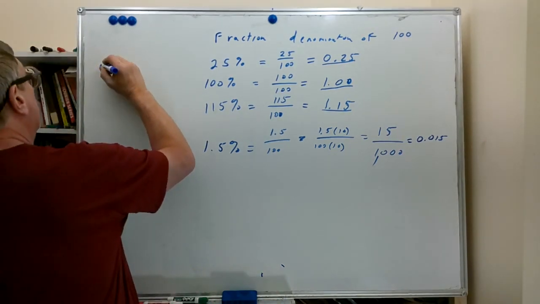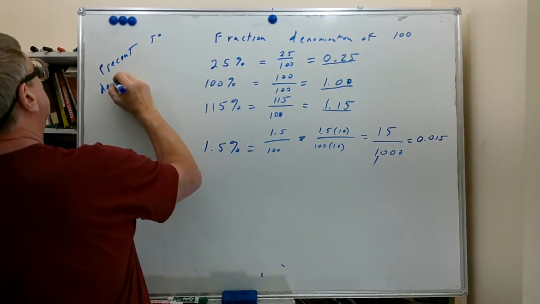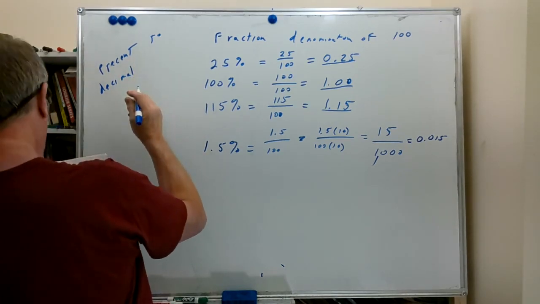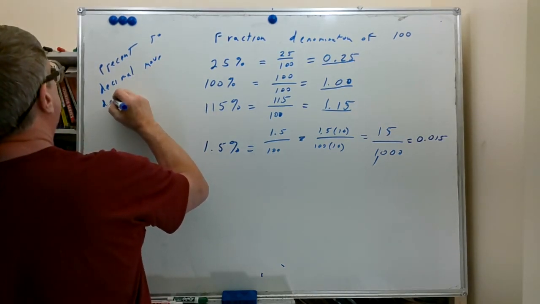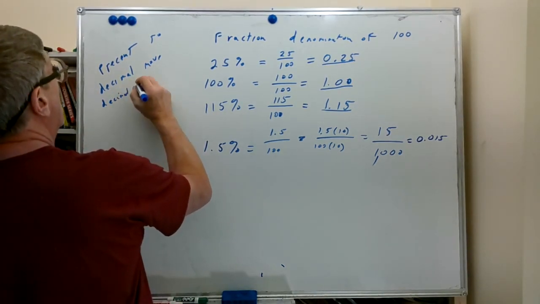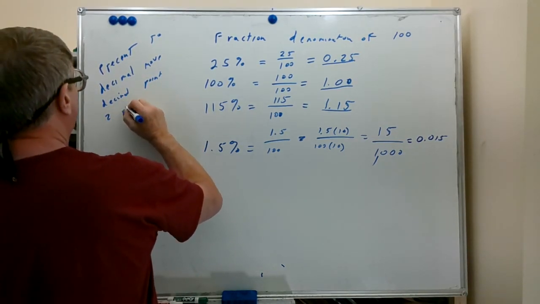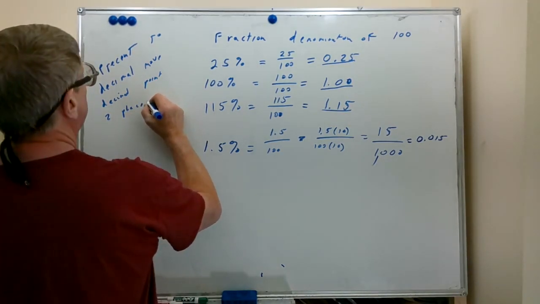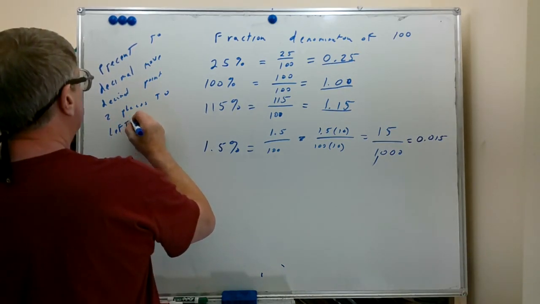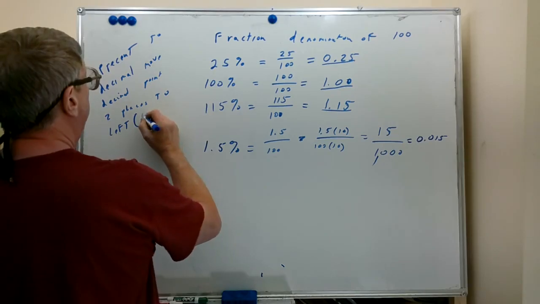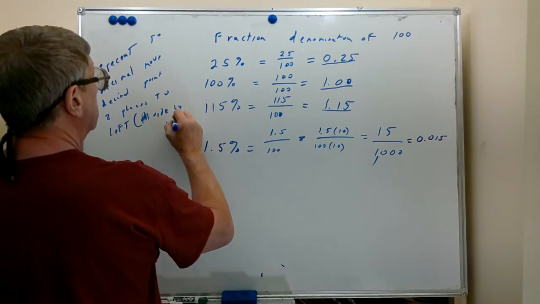For percent to decimal: move the decimal point two places to the left, which is equivalent to dividing by 100.